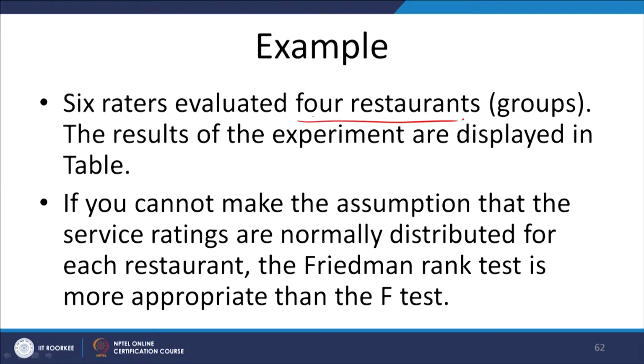If you cannot assume that the service ratings are normally distributed for each restaurant, then the Friedman test is appropriate. However, if it were normally distributed and the sample size a bit larger, then we would have gone for the F test, but this is not the case. Our ratings are non-normal.